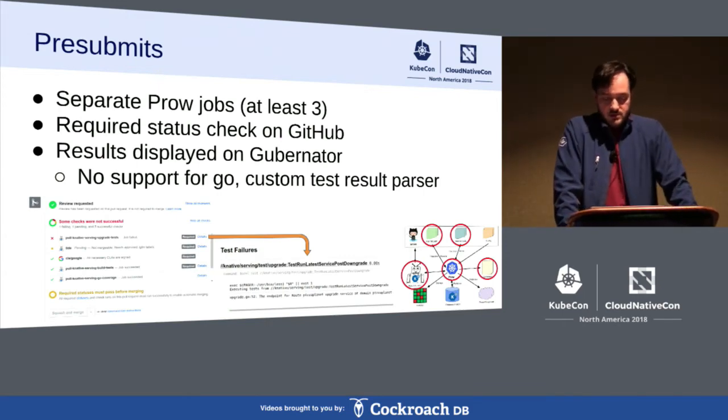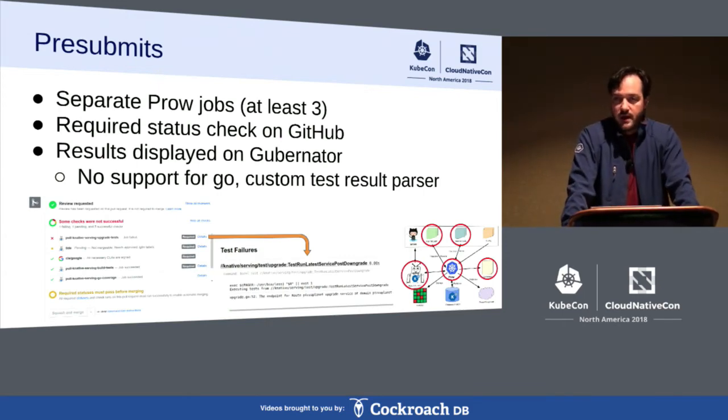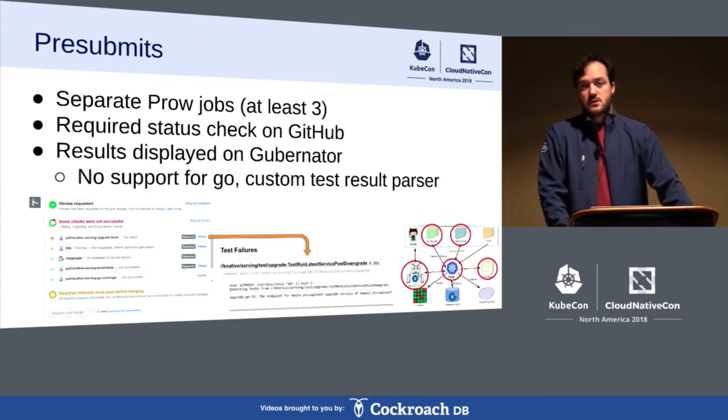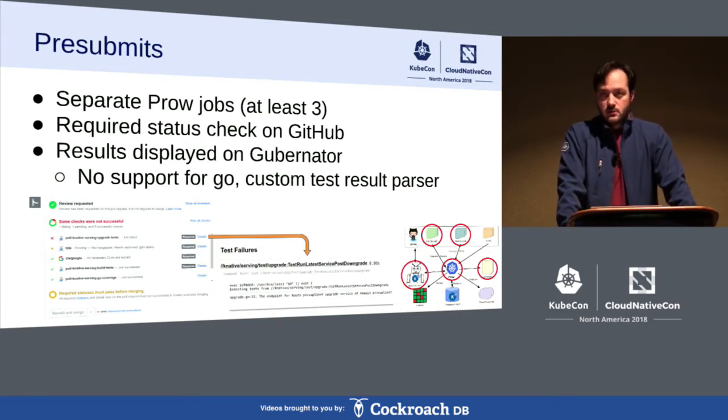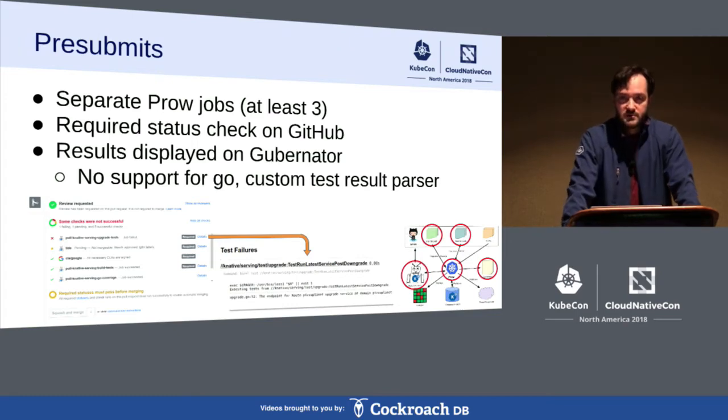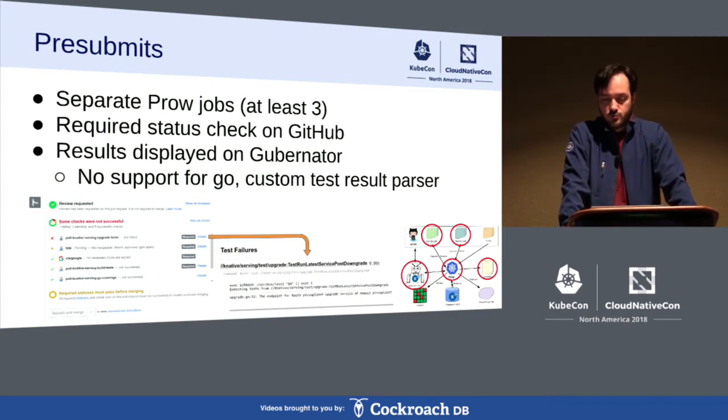About the pre-submits, I mentioned that we have separate jobs for running the tests and that they are required status checks on GitHub. Again, meaning that you can't merge a PR if the tests are not passing. The results are displayed on Kubernetes, the screenshot I mentioned earlier. However, prow has no support for raw Go test or Go tools.